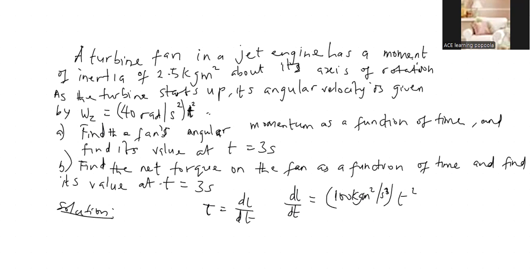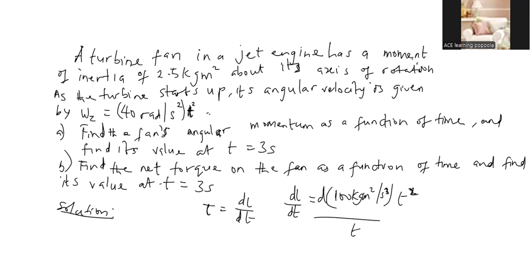If you are confused, you can go back to the L we got for question A: 100 kilogram meter squared per second cube times t squared. We got that earlier, so that's what I'm using here. We're going to differentiate this with respect to time. You notice it's t squared here, so all of this will not be affected, but the t will be.